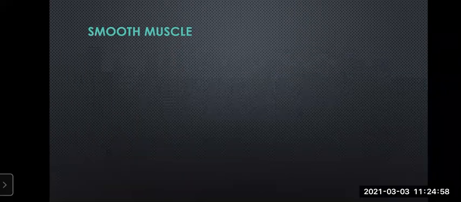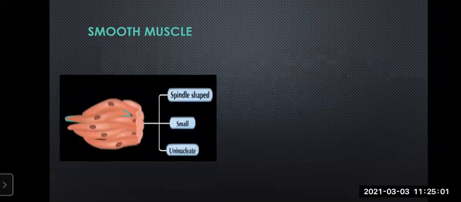Next is smooth muscle. Observe the structure of smooth muscle in this picture carefully. See, it is tapering, that is, it is pointed at both the ends, and this shape is known as spindle shape. So the smooth muscles are spindle shaped as compared to the skeletal muscle.